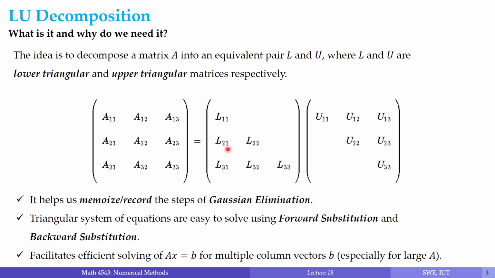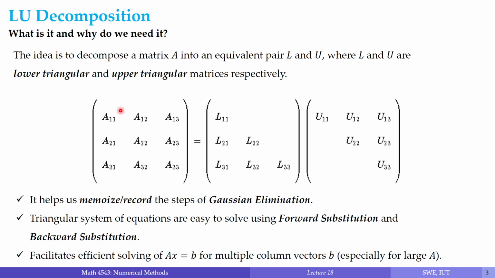It may consist of zero entries as well, but the entries above the diagonal, which is here, here, and here, those entries will for sure be zero. And the case is the opposite for the upper triangular matrix, where along the diagonal we'll have non-zero values just like before, but below the diagonal we'll for sure have zero entries.